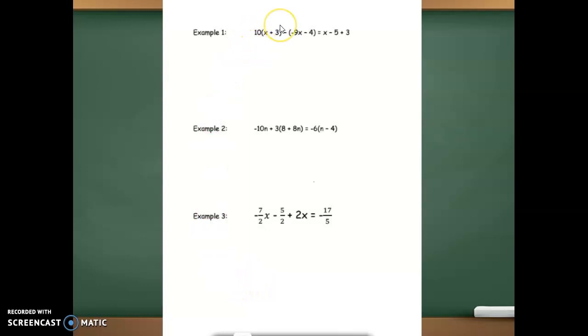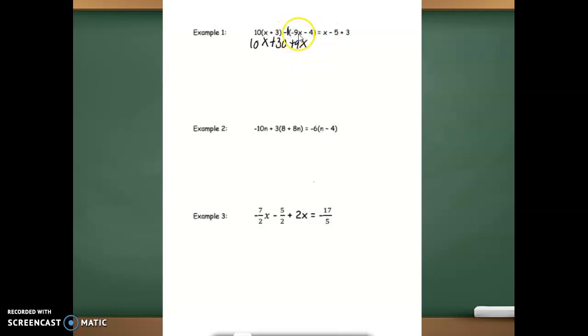So I'm going to use the old distributive property. You guys should be familiar with this. So we're going to get 10x plus 30. I want you to remember that's really a -1, right? It's going to make a big deal because that's -1 and 9, which would be a positive 9x.